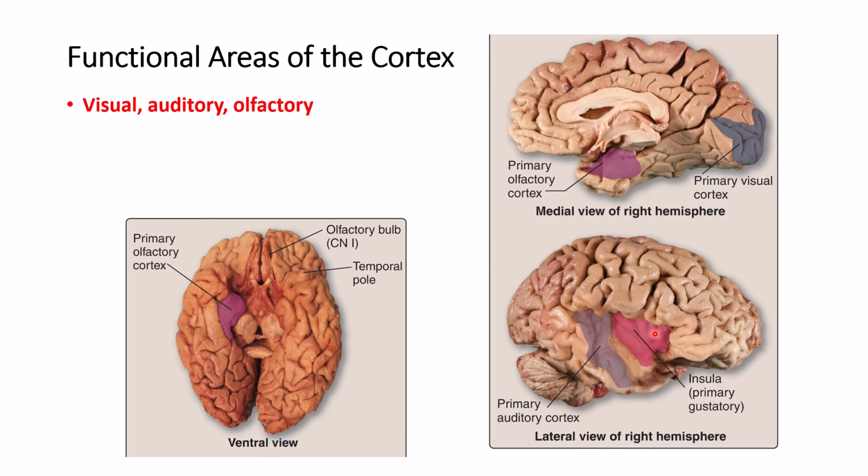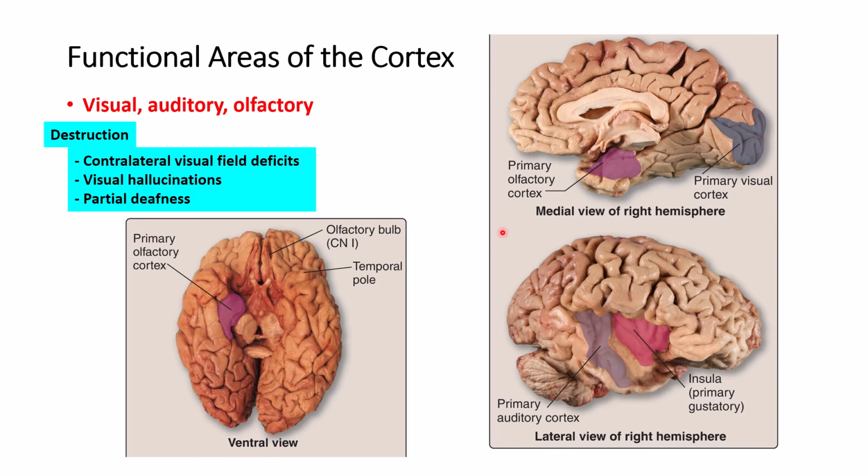That's called the insula, I-N-S-U-L-A, and that's located there. By the way, this is another view of the olfactory cortex. Again, this is the medial view of the temporal lobe, and this is the inferior view, but still that's in the medial part of the temporal lobe.